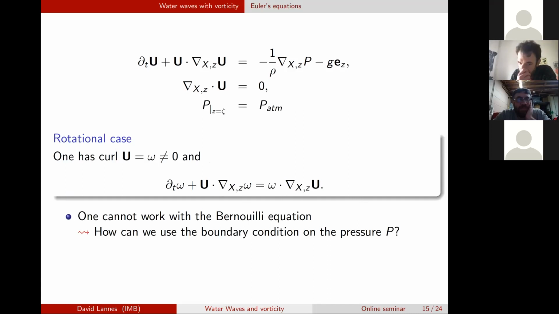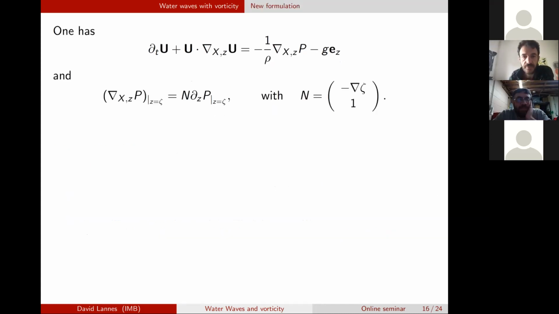The first thing is, how can we use the boundary condition on the pressure P? In the Bernoulli equation, we took the trace at the surface, and this was used to get rid of the pressure term P. So now, how can we exploit the fact that at the surface P is equal to the atmospheric pressure?